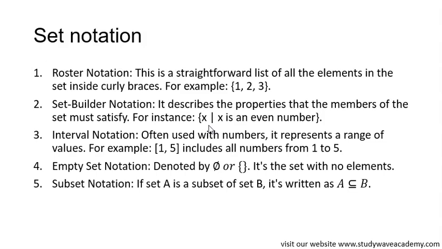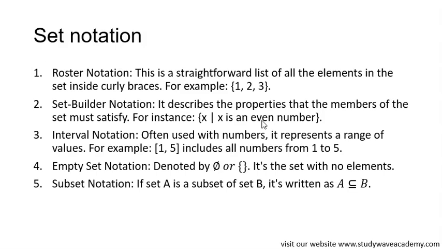What does it mean? Let's say you have a set A equals this, the braces containing x where x is an even number. It means that A is the set of all values of x where x is an even number, okay?